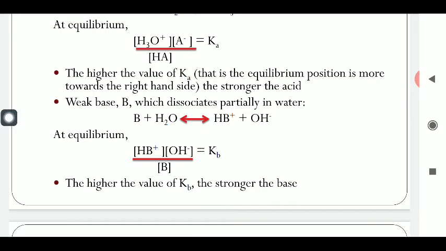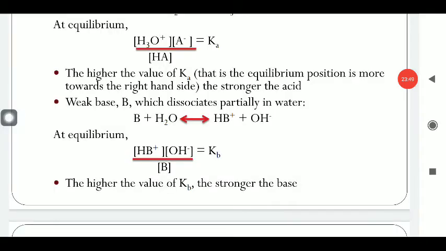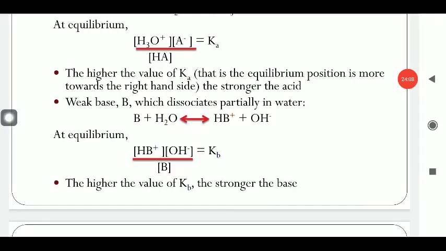Whenever two acids are compared together, or two bases are compared together, you have to remember: if you are comparing two acids, the acid which has the bigger value of Ka is known as the strong acid. Whenever you compare two bases together, the base which has the bigger value of Kb is known as the strong base.